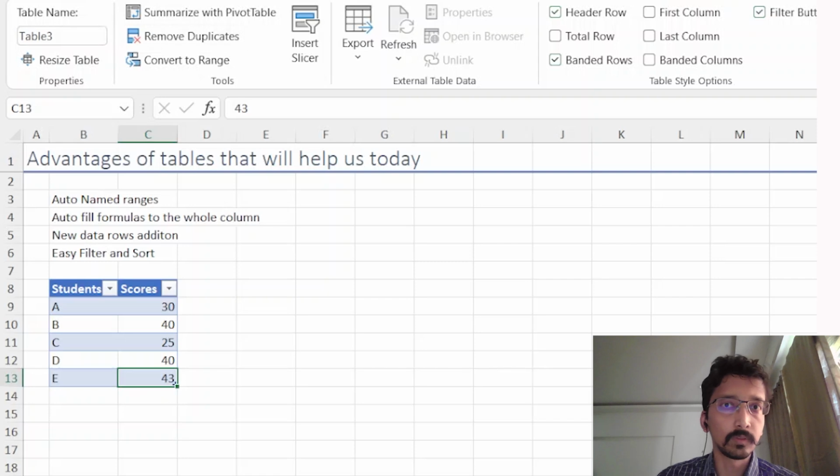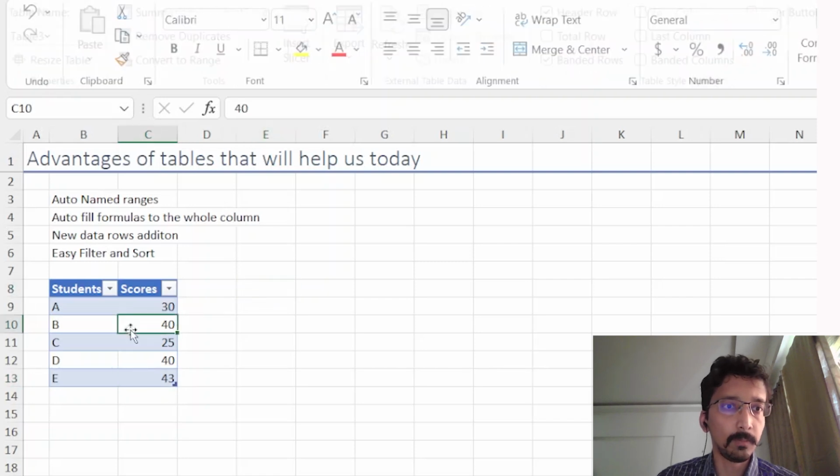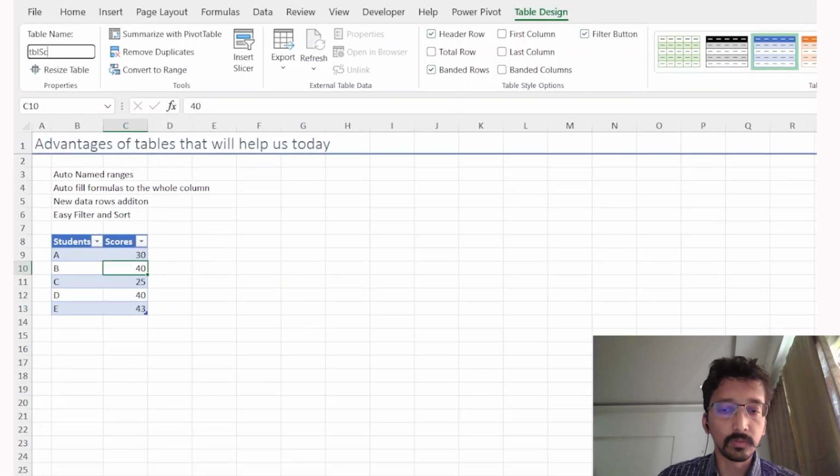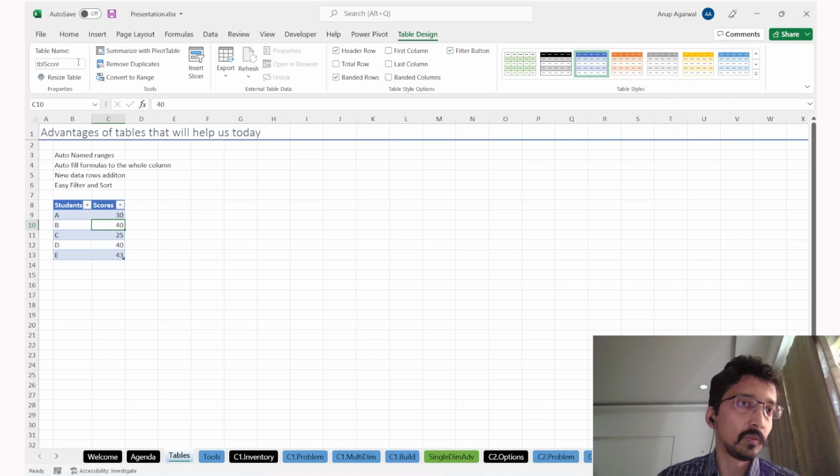It has a name. Whenever I am on a table, it shows this Table Design tab in the ribbon. And now I can give this table a name. I like to start my names with TBL, and let's say Score.